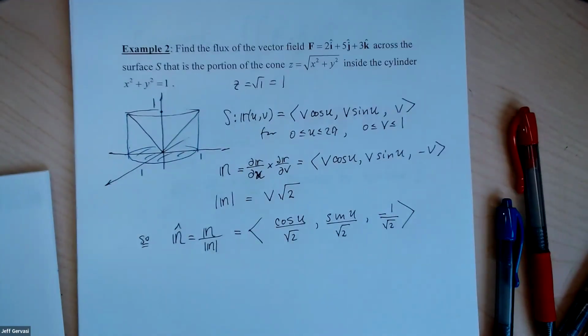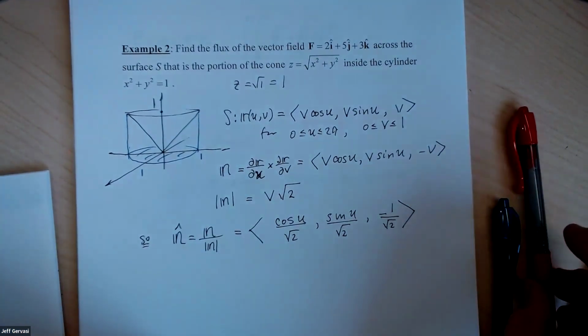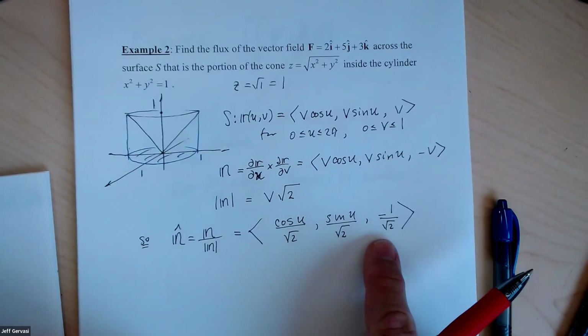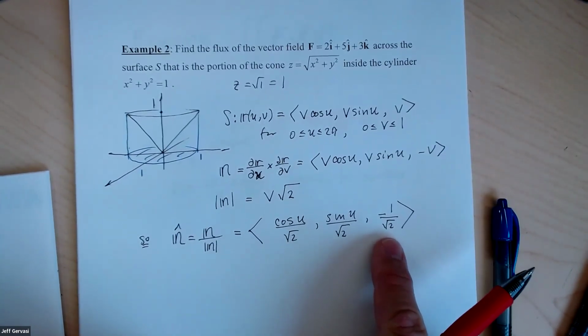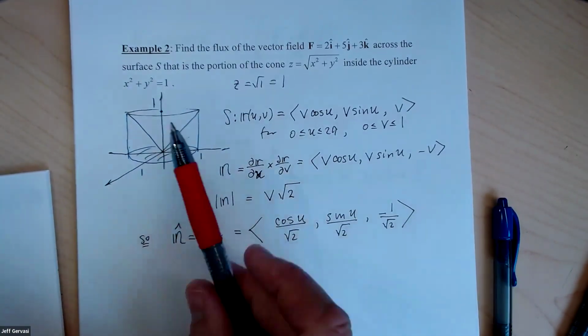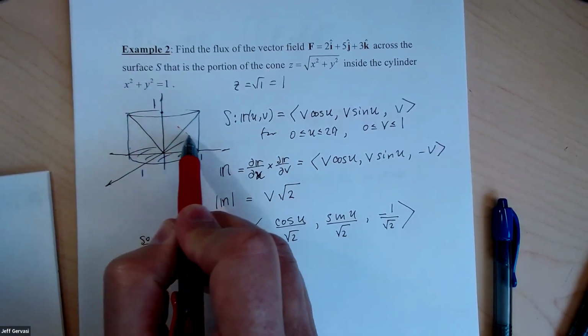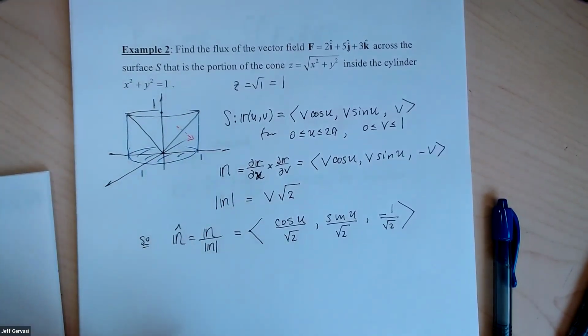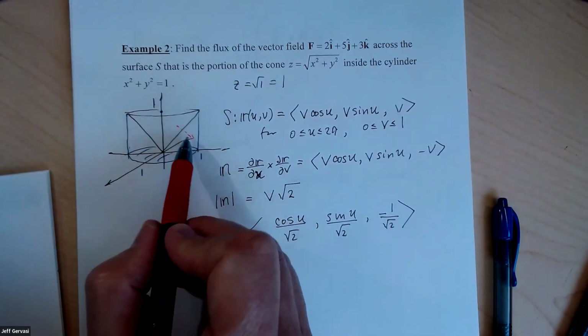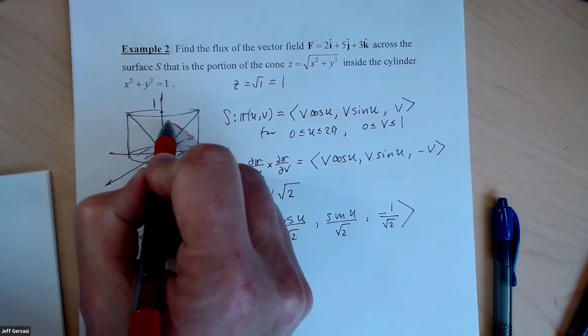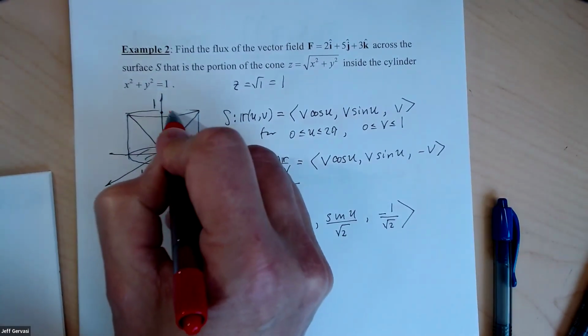We typically want our unit normal vectors to be pointing upward and away from the surface. If you notice, look at the third component, the z component of my unit normal vector. That's negative. That means that this vector is actually going to be pointing downwards, right? So it would be looking something like this. Okay, but we want our unit normal vectors to point upwards. And so therefore, we need to take the opposite of that to be our n.